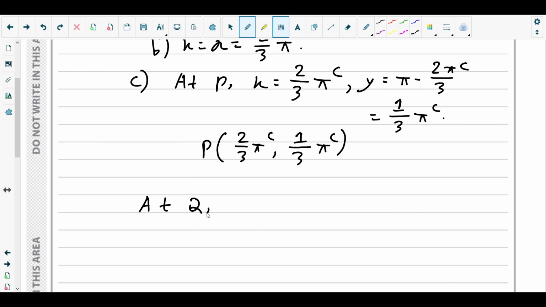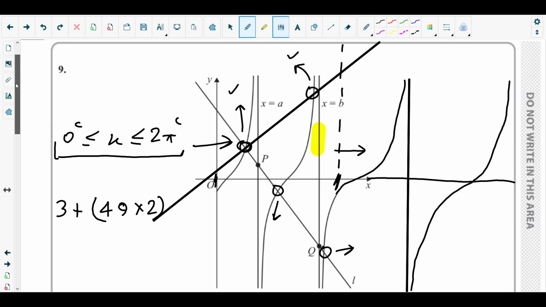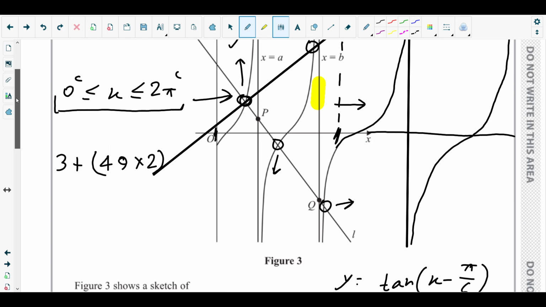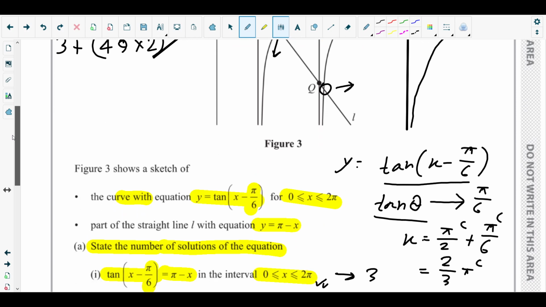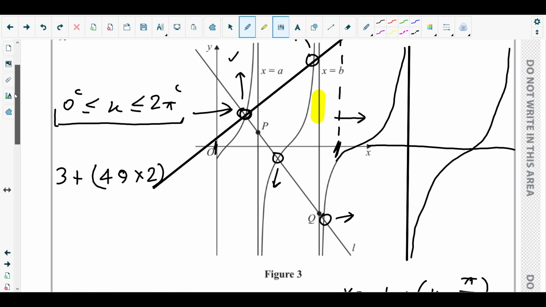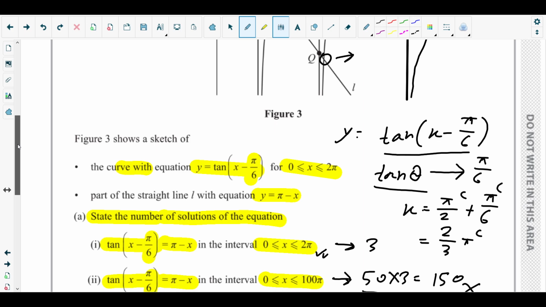At point Q, what would be the x value? Point Q is the intersection of the line L with the second vertical asymptote of tan x minus pi over 6 radian, right? So we need to find the x coordinate of the second asymptote of the graph of tan x minus pi over 6.